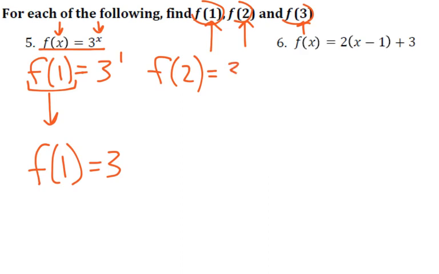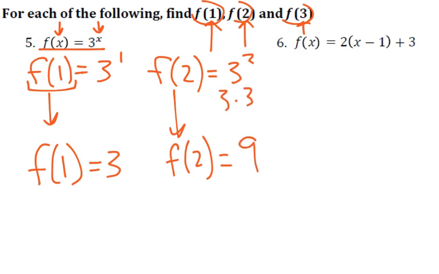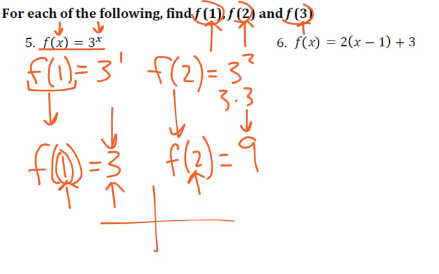f of 2 would be 3 squared. So f of 2 would equal, well, 3 squared is 3 times 3, so it's 9. Okay, it tells me an input and an output. So when I input 1, I get 3 as an output. When I input 2, 9 as an output. If I were to graph these, it would be like the x value, the y value.